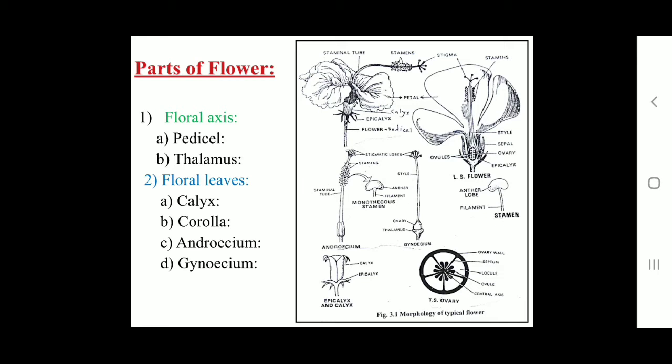Thalamus may take various forms. The thalamus may be conical, which is present in Annona. Thalamus is disc-like, which is present in citrus. Thalamus is elongated, which is present in Michelia.